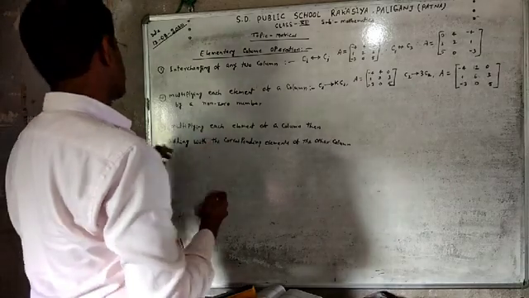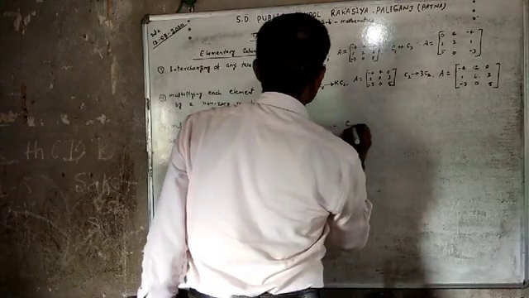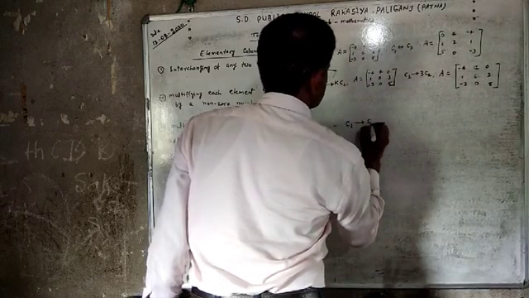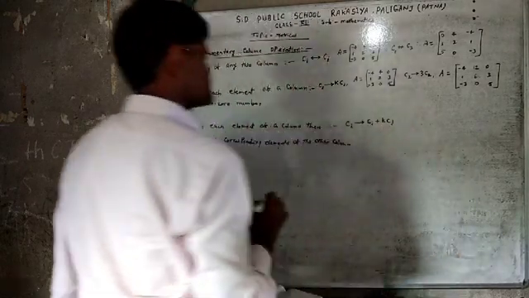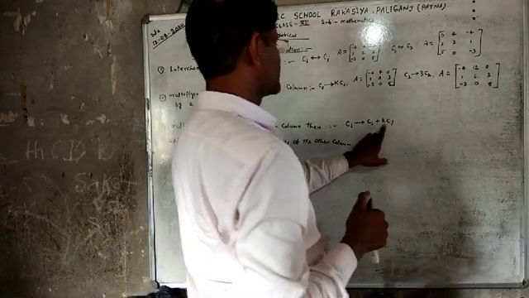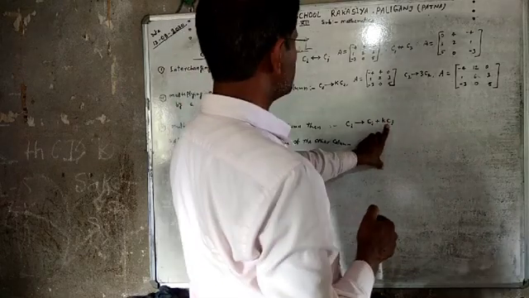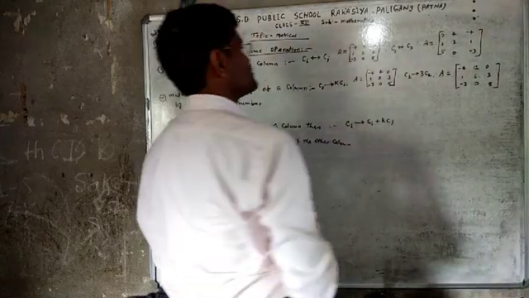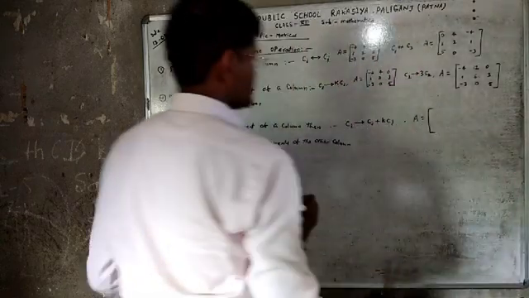Suppose Ci is interchanged into Ci plus KCj. We multiply the jth column by K, and the resultant column is added to the ith column. Suppose that A is a given matrix.